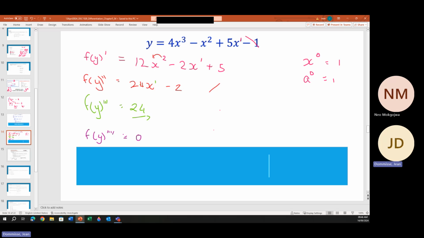Sometimes it might look weird that you don't have a derivative, or you're not always sure what it is. So in this instance, if we went for the fourth derivative, the answer would have been 0.